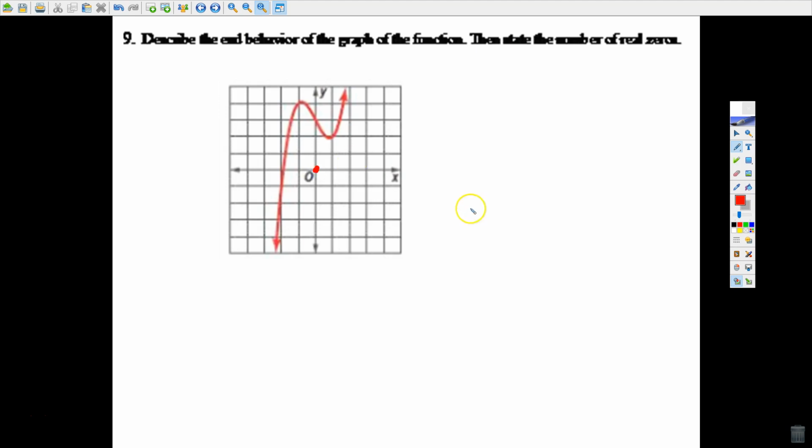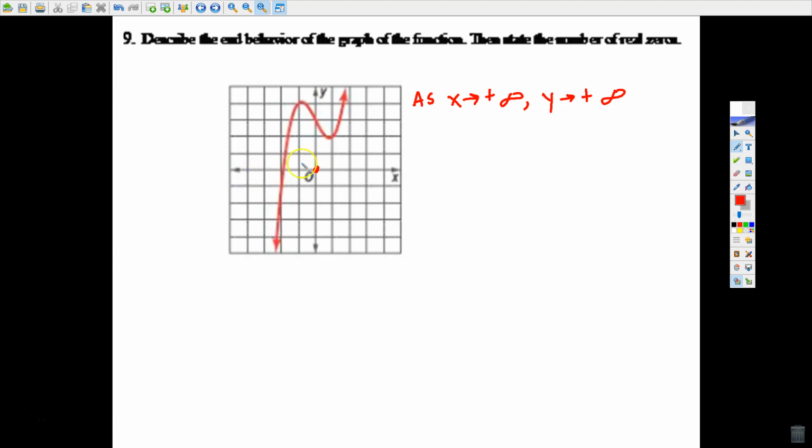Okay, so let's start with end behavior, and so we will start by traveling along the positive x-axis as x approaches positive infinity. Then where is the graph going along the y-axis? Well, as we travel to the right, toward positive infinity, the graph is traveling up. So y is also approaching positive infinity.